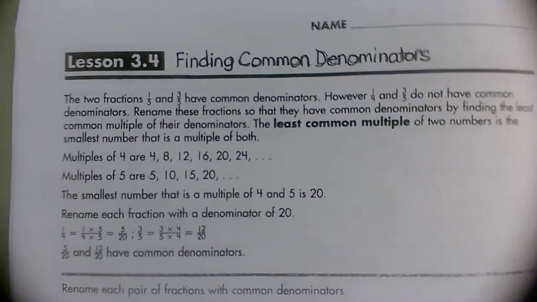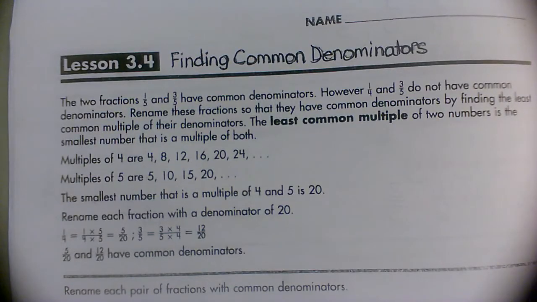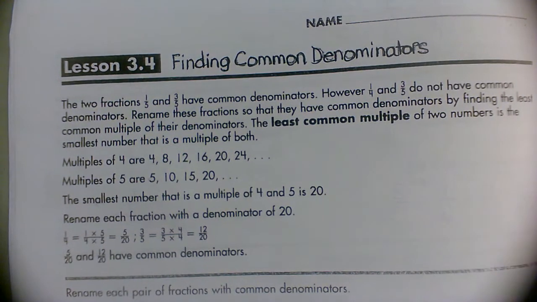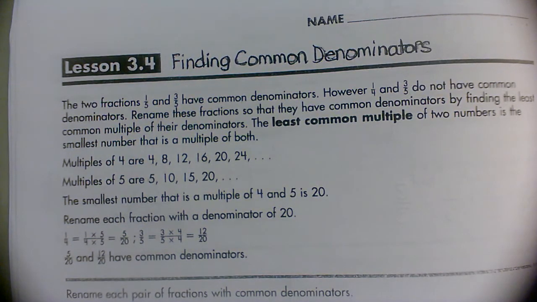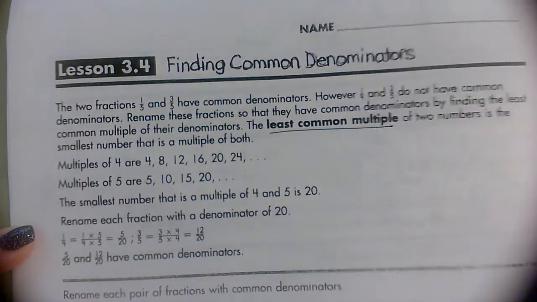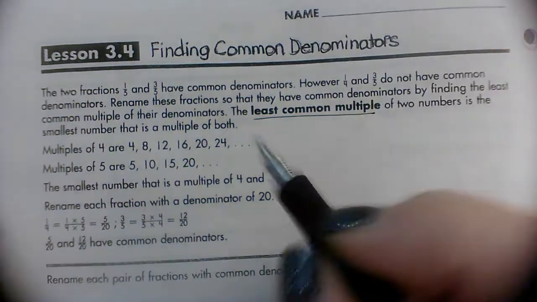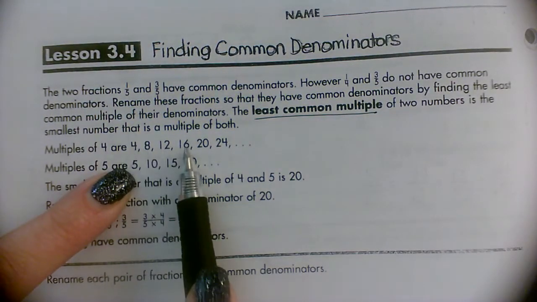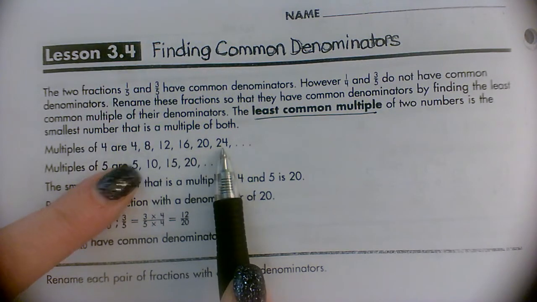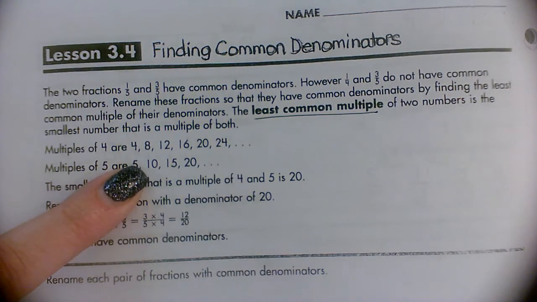3, 4 has you getting a common denominator. So now, how could I change my denominators so that they were exactly the same? This is where your least common multiples come into play. I would have made you go through in grade 6 and go 4, 8, 12, 16, 20, 24. Ladies, you have to be quiet, okay?